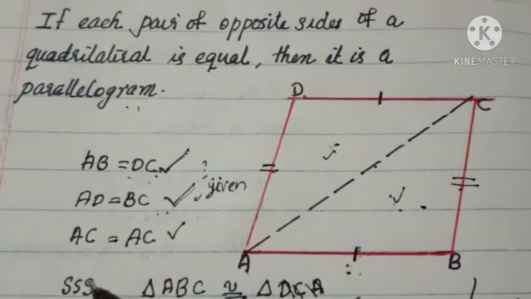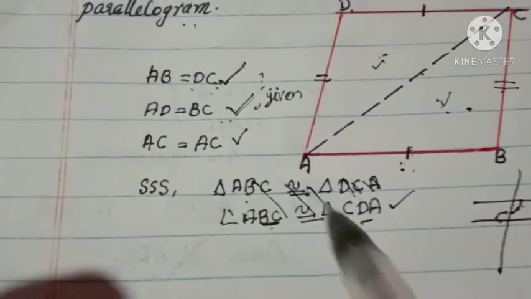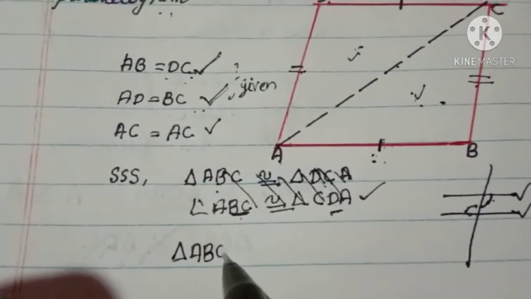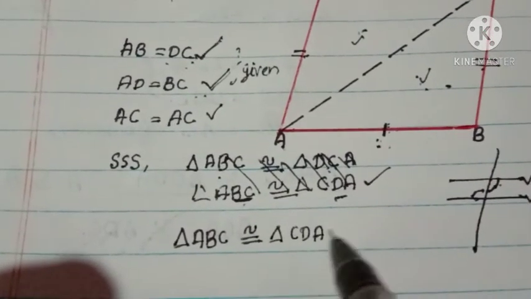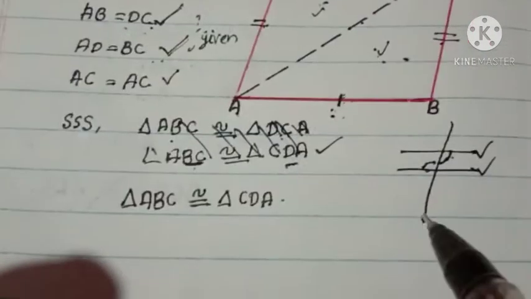Therefore, by our SSS congruence rule, we can write triangle ABC is congruent to triangle CDA. Okay, triangle ABC is congruent to triangle CDA.